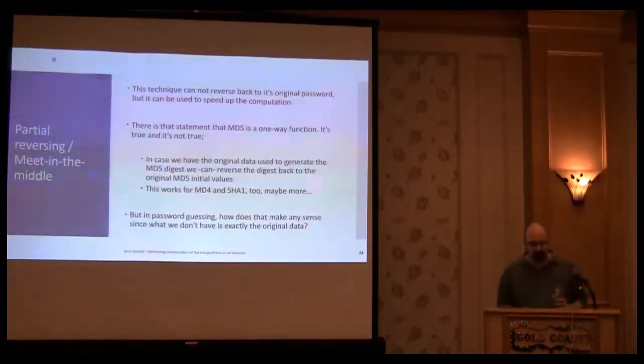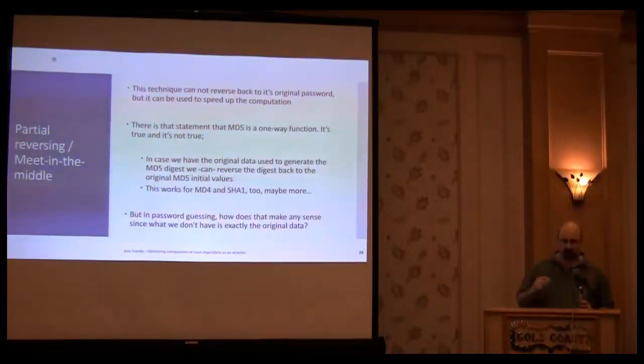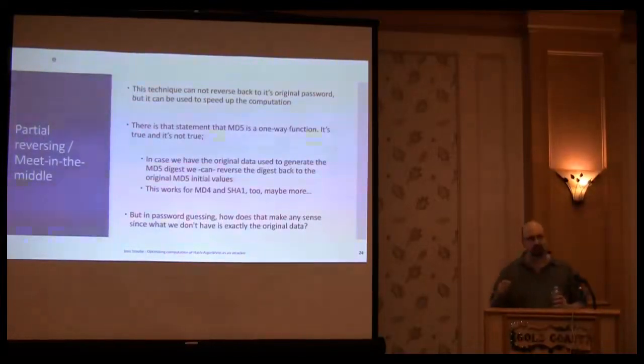We can reverse a hash, but not in a way you might think. We cannot reverse to the password, but we can reverse to the constants. So if we know the password correctly, we can reverse from a hash back to the constant. And if the constant matches, we know we have used the correct buffer as password.